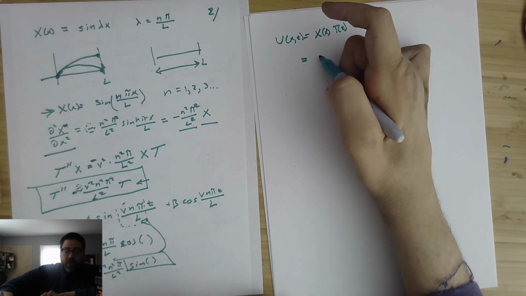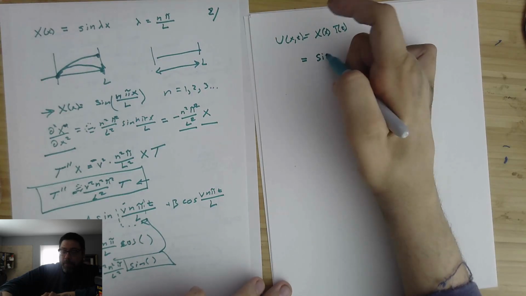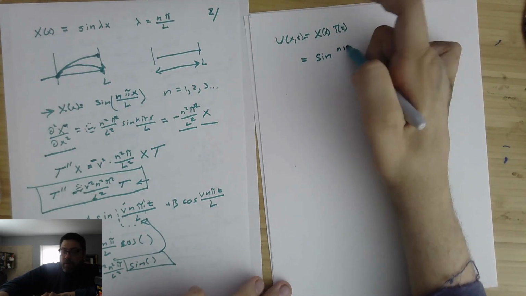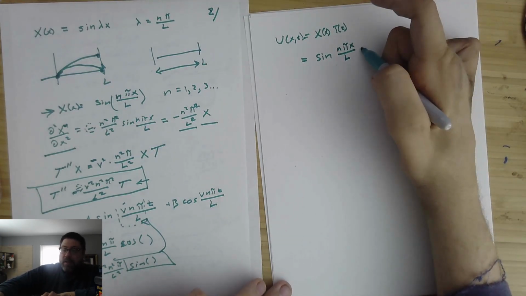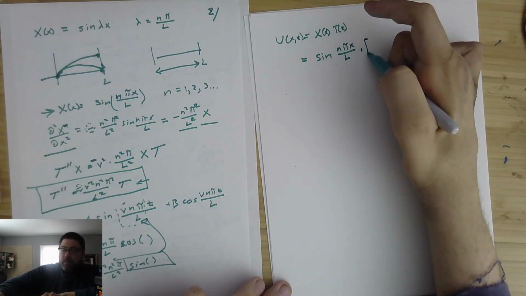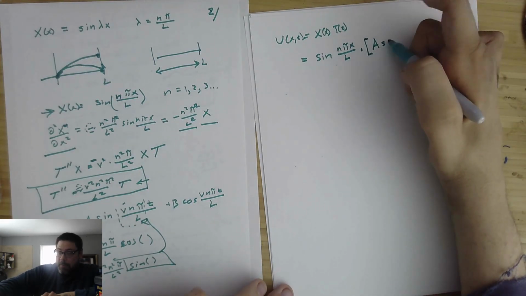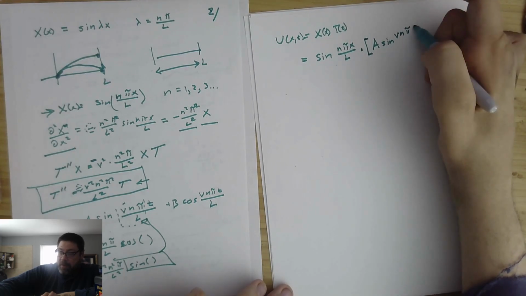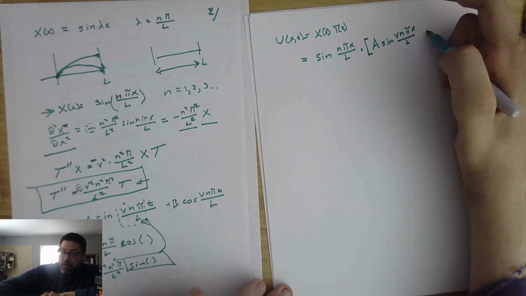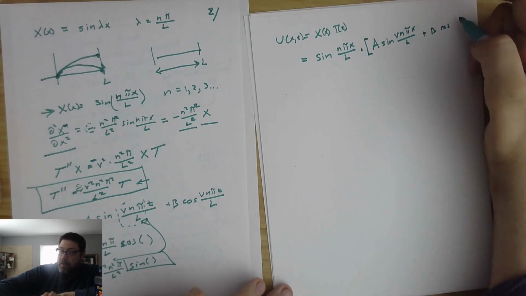That's going to be the sine of n pi x over L times, and I'll write it like this, a times the sine of v n pi t over L plus b cosine of the same thing.